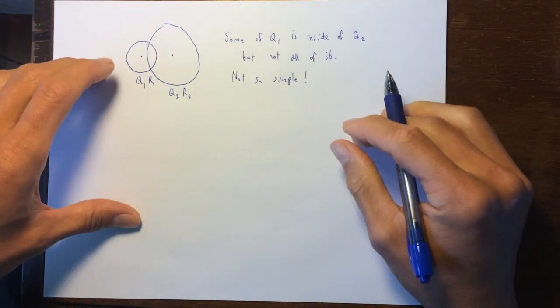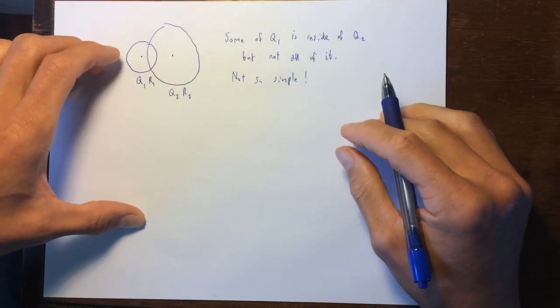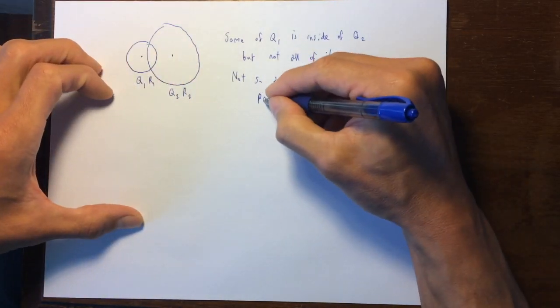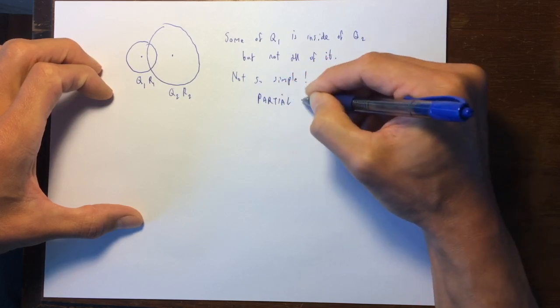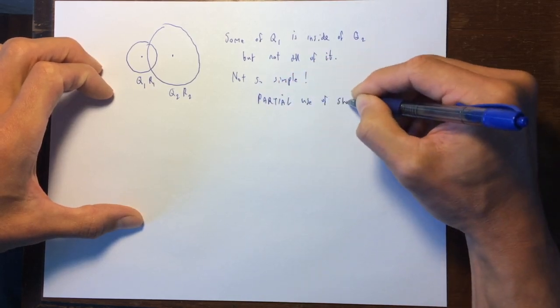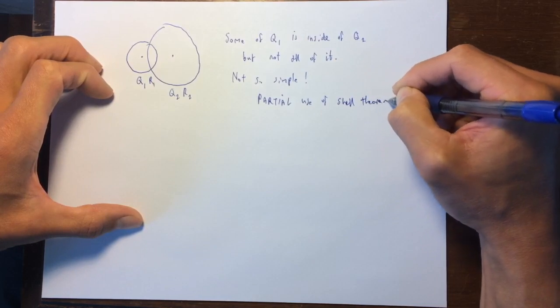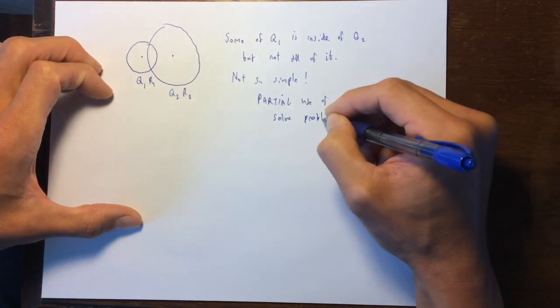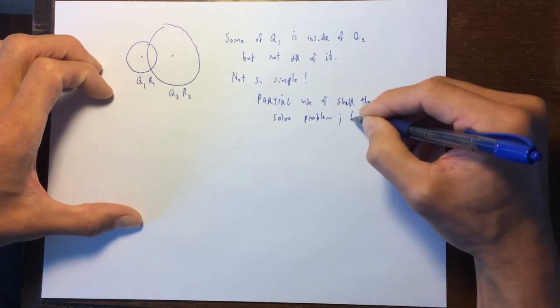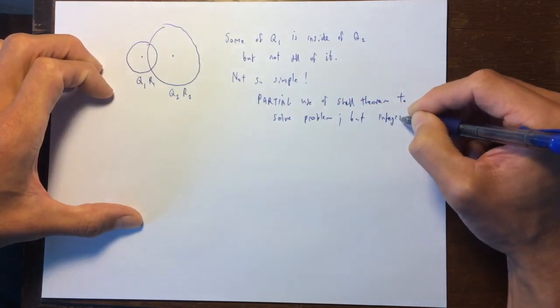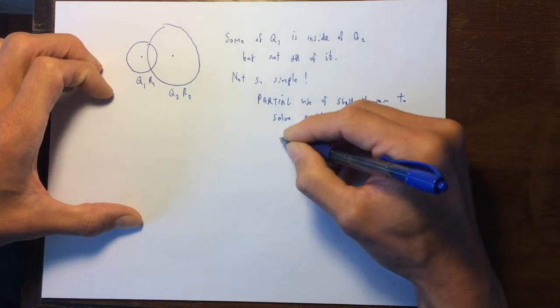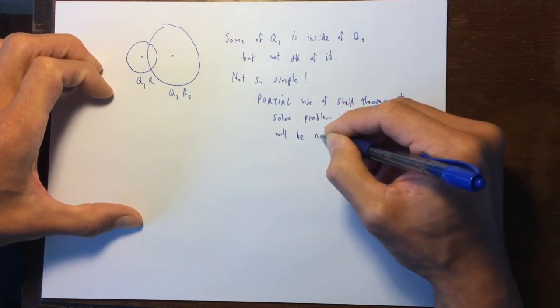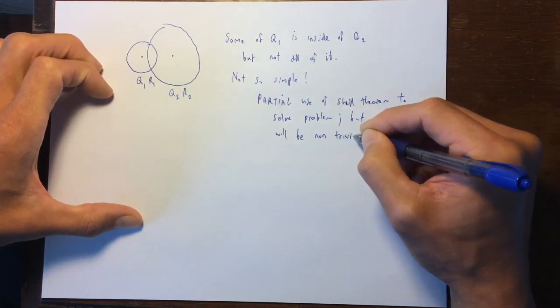You can partially use the Shell theorem to solve this problem. So I'm suggesting a partial use of the Shell theorem to solve this problem, but the integration will be non-trivial.